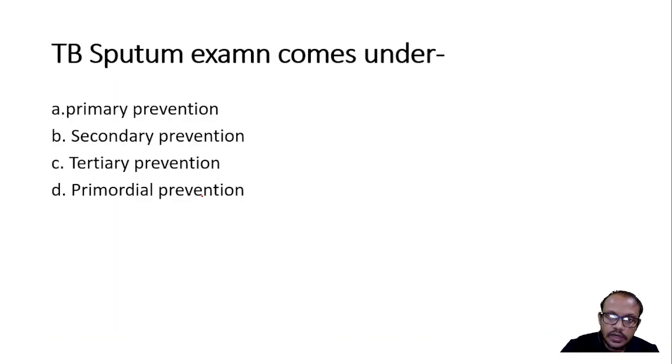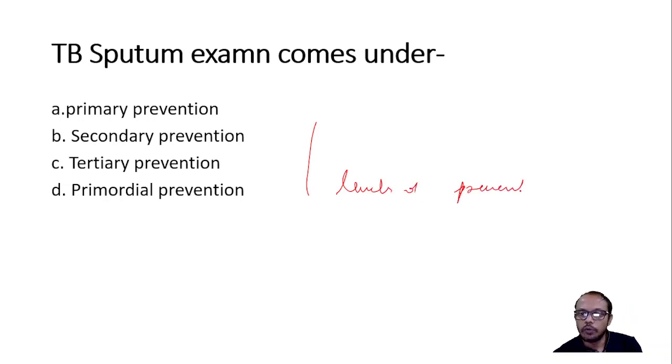So coming to the second question, TB sputum examination comes under which level? This is about levels of prevention. Levels of prevention are a very important topic, frequently asked in the FMGE. Sputum examination is done for the diagnosis of TB.